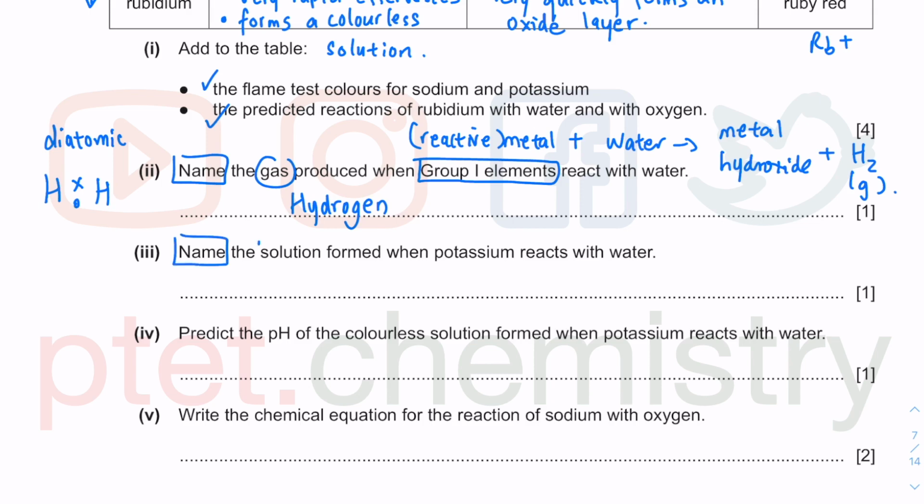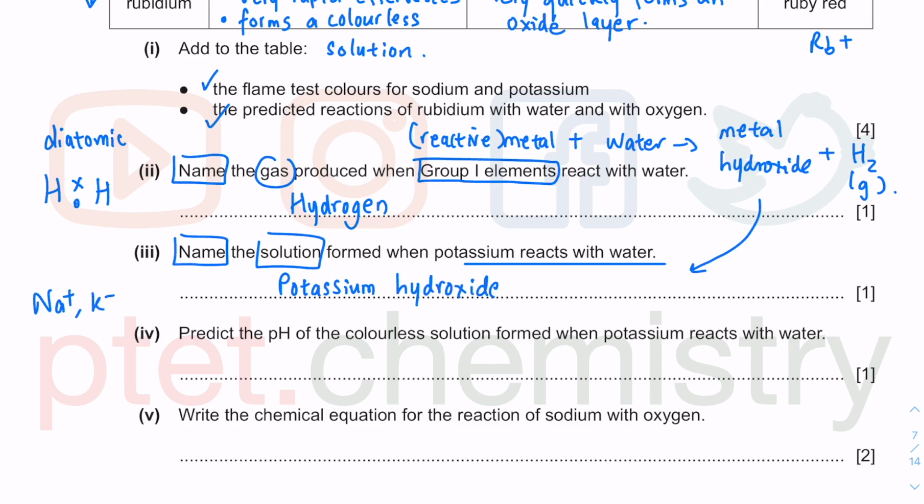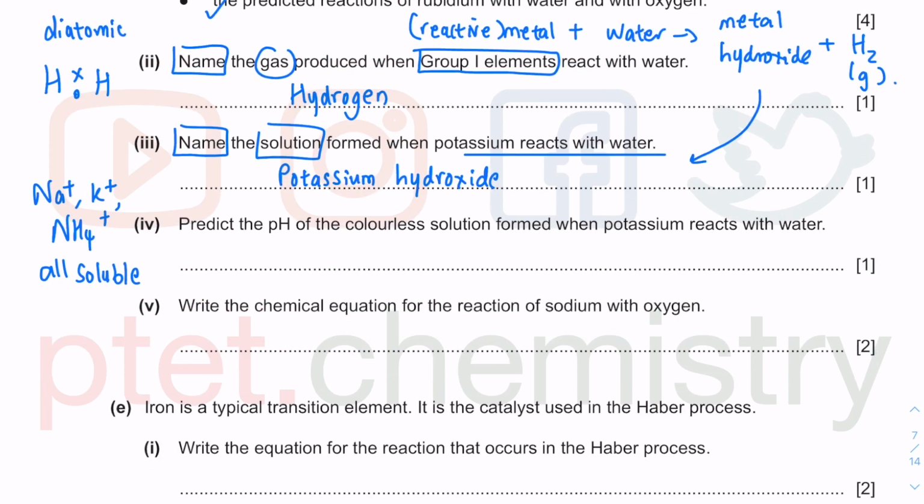Name the solution when potassium reacts with water. So the potassium hydroxide is going to be soluble in water. Whatever contains Na plus or K plus or NH4 plus, everything that contains these ions, they are all soluble in water as part of the solubility rules. Predict the pH of the colorless solution.